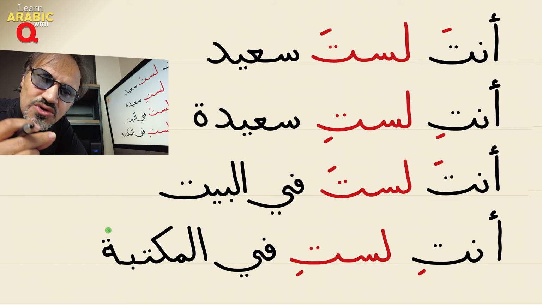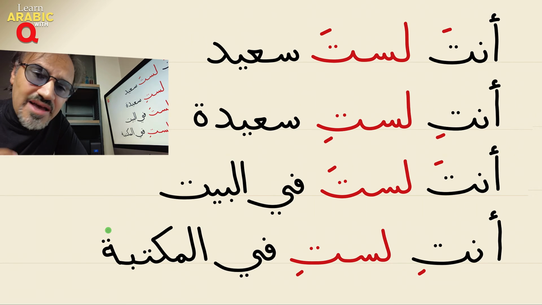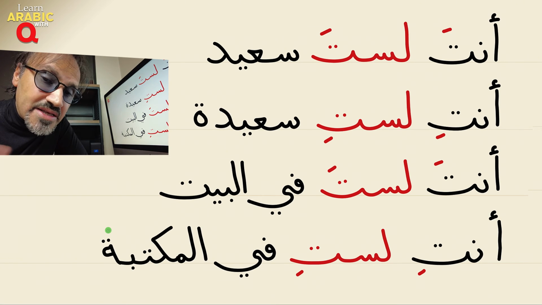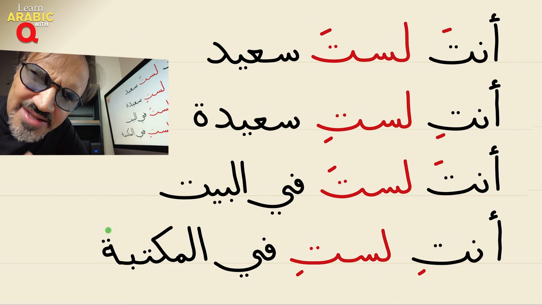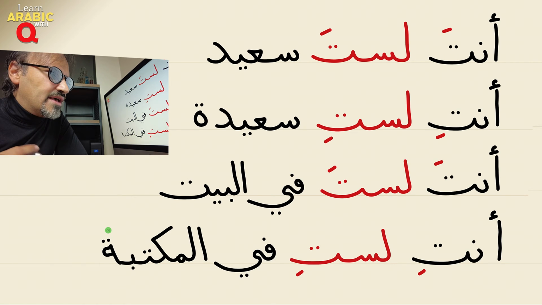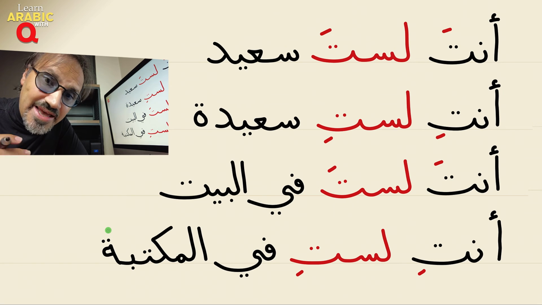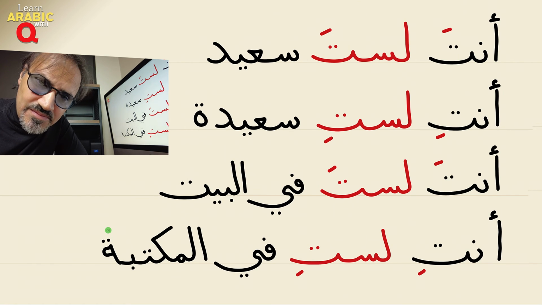So حزين turns into حزينة, and سعيد turns into سعيدة for the feminine. أنت لست في البيت. You're not in the house. Where are you? أين أنت؟ أنت لست في البيت. أنتِ لستِ في المكتبة. أين أنتِ؟ Where are you? I'm talking with a girl here. أين أنتِ؟ أنتِ لستِ في المكتبة.